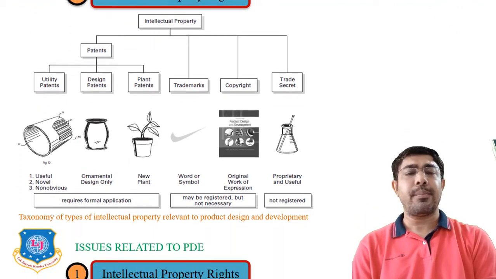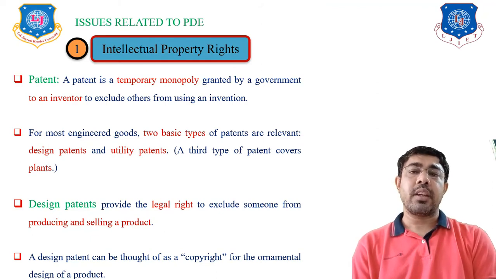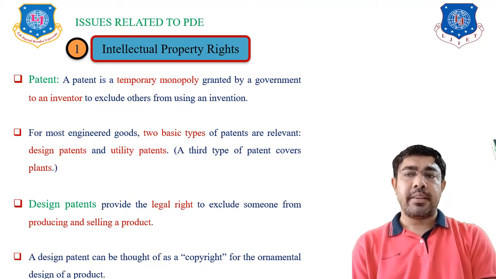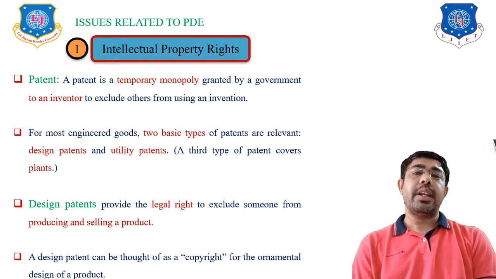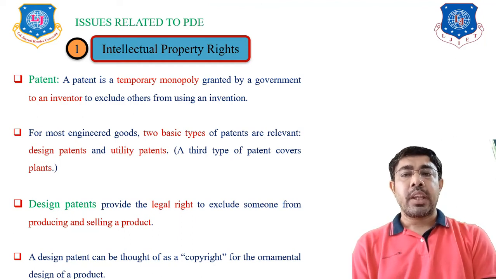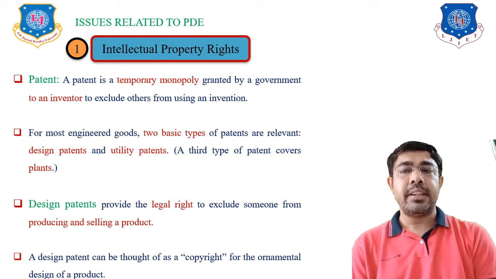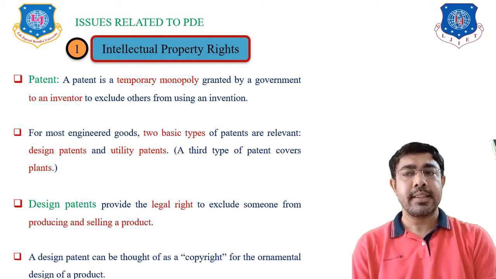First is the patent. What is a patent? A patent is nothing but a temporary monopoly granted by the government to an inventor to exclude others from using an innovation. So it is a temporary monopoly. Whatever invention is done by the inventors is protected by the patent, so others cannot use these inventions.